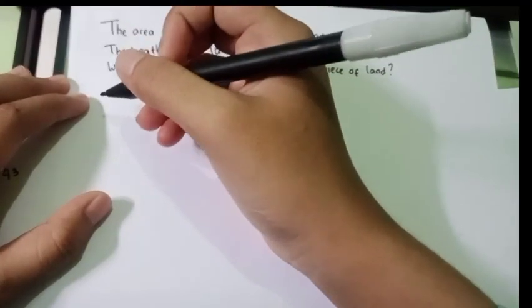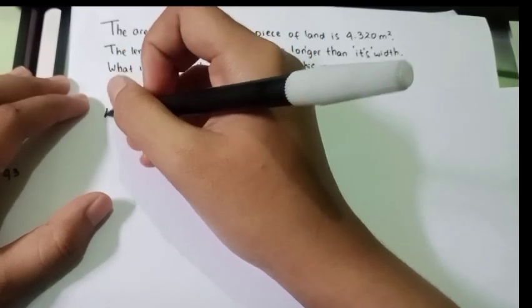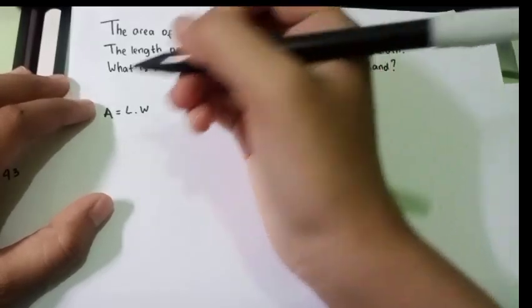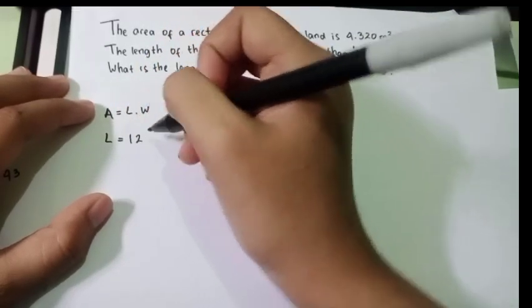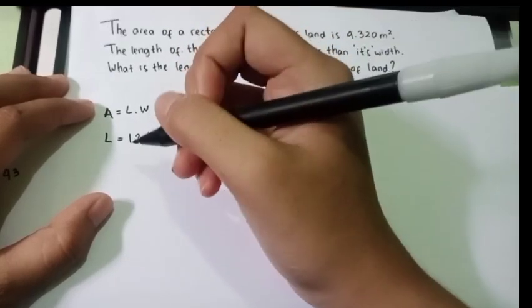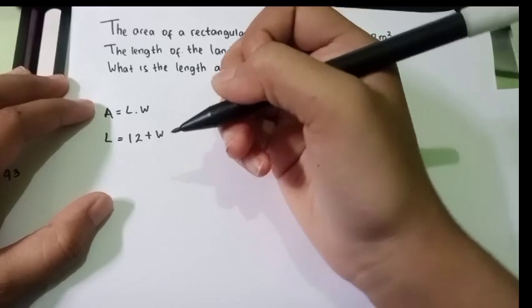Well, remember the area of the rectangle equals length times width. Now the length is equal to 12 meters plus width. We have to find the length and width of the rectangle.